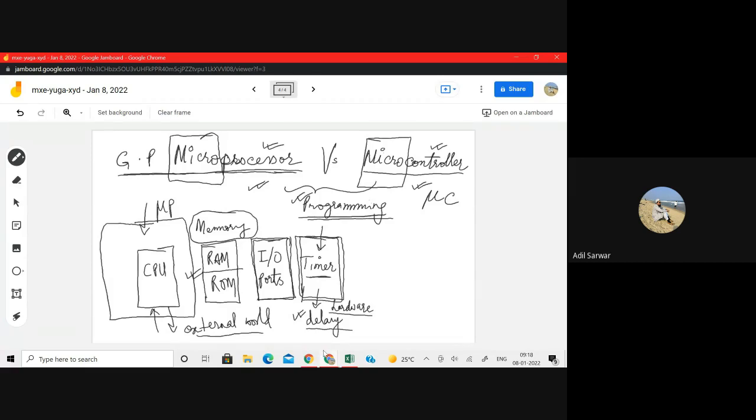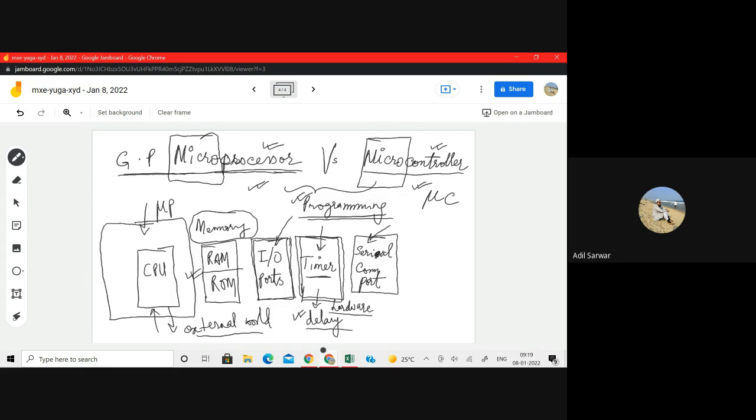And then we also have a peripheral called the serial communication port. So the IO port is for parallel communication, and the serial port is for serial communication. There are two types of communication that can happen between the processor and the external world.